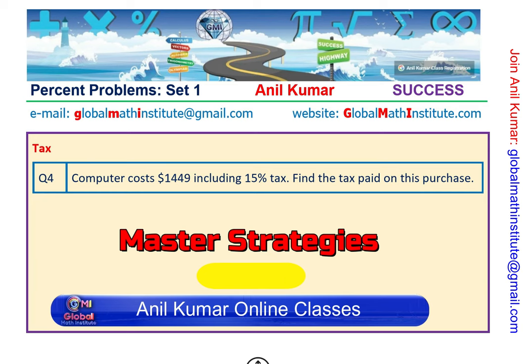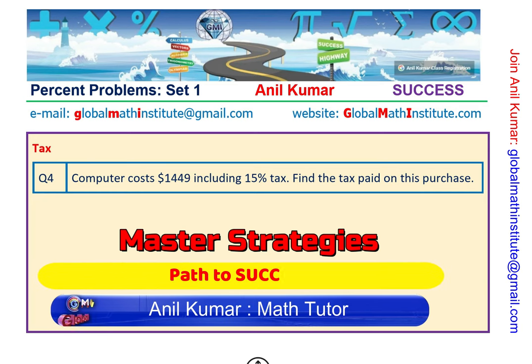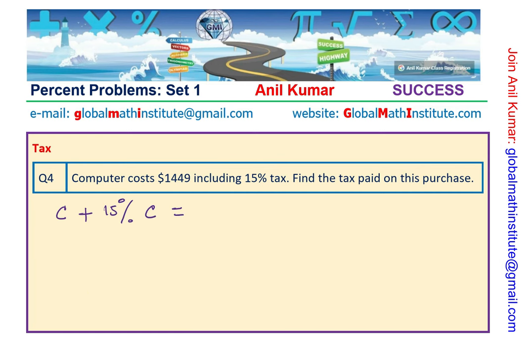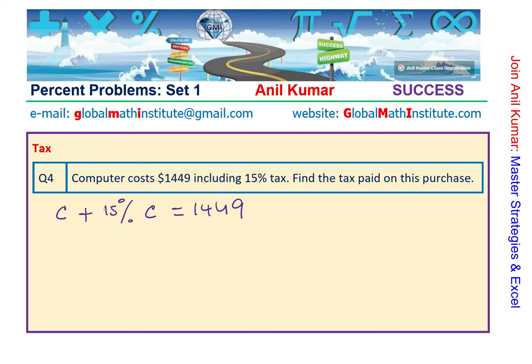So you can say cost plus 15% of C is basically equal to 1449. That's a way of looking into it, right? And you can find C and then you can find the tax on C. That is one way of doing it, correct?